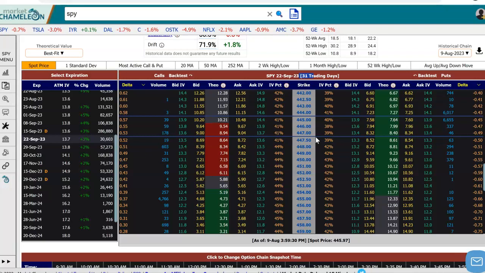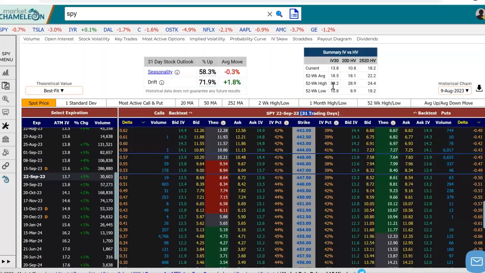And the question can be, well, how does that compare to the actual volatility of the stock? If the market's forecast is around 14.2, how does the stock usually trade? Is that high or low compared to where the stock has been trading?